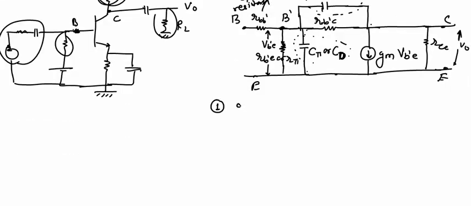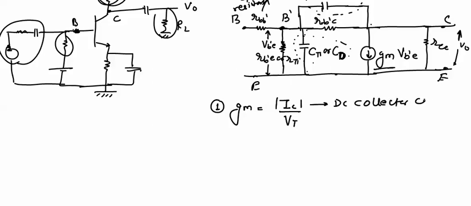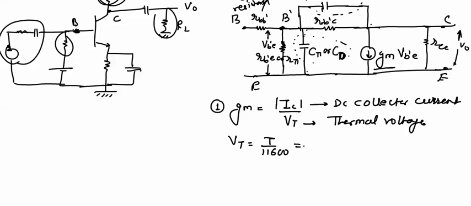First, the transconductance Gm is given by the magnitude of DC collector current upon thermal voltage Vt. The thermal voltage Vt is given by T upon 11,600, and it is nearly equal to 25 or 26 millivolts at T equal to 300 degrees Kelvin, means at room temperature.